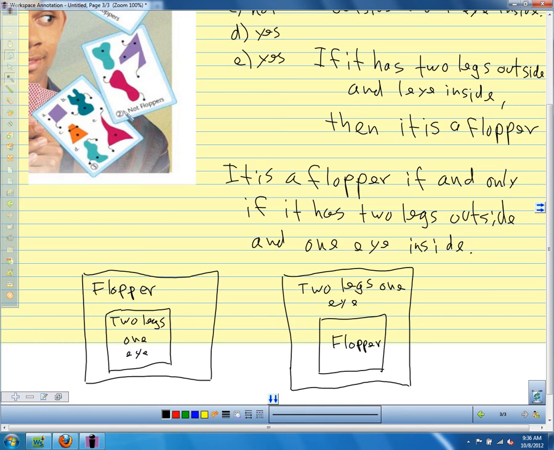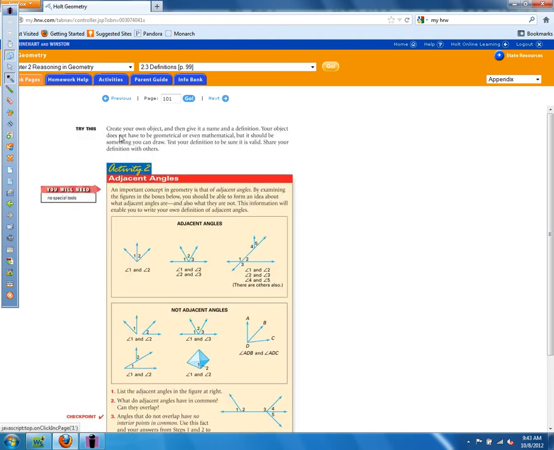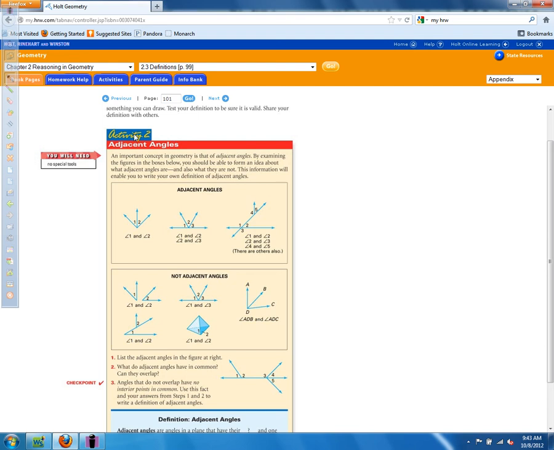All right, let's come up with another definition. This one does actually have to do with geometry. So we're going to figure out what makes an adjacent angle.